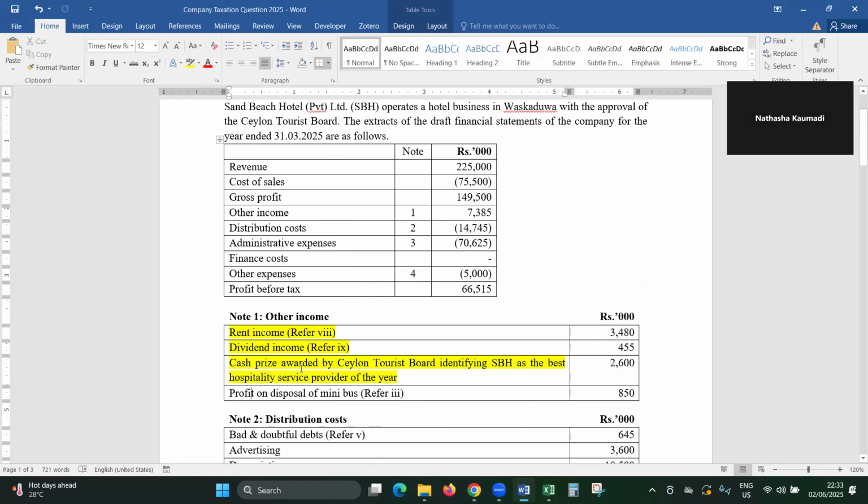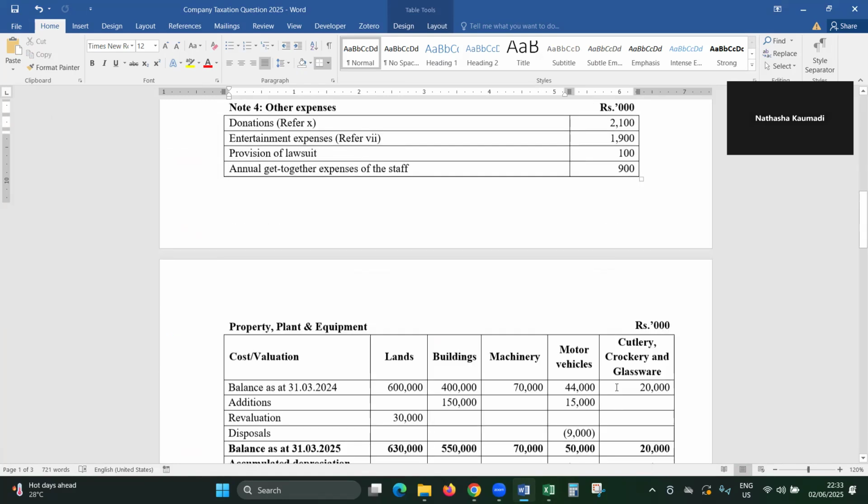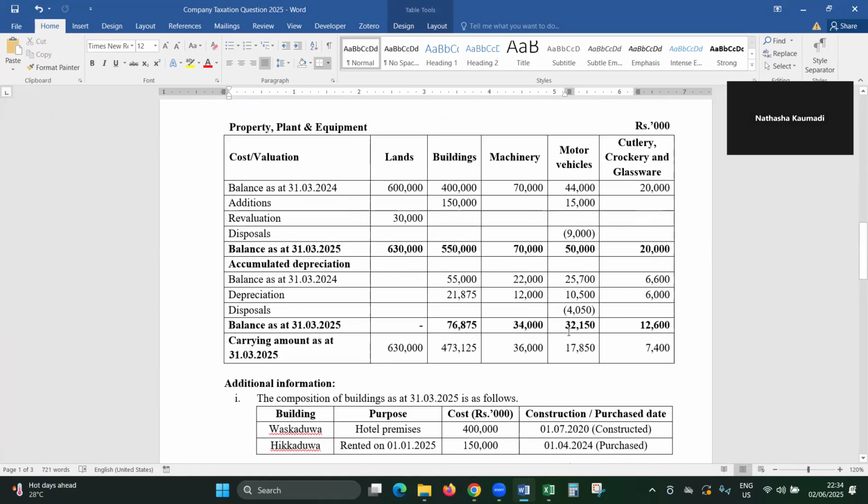After selling the minibus, you have earned a profit of 850. Now, if you go to the PPE note, coming under motor vehicles, there's a disposal, 9,000 is the cost. What about the accumulated depreciation coming under disposal? 4,050. What is the accounting carrying amount?